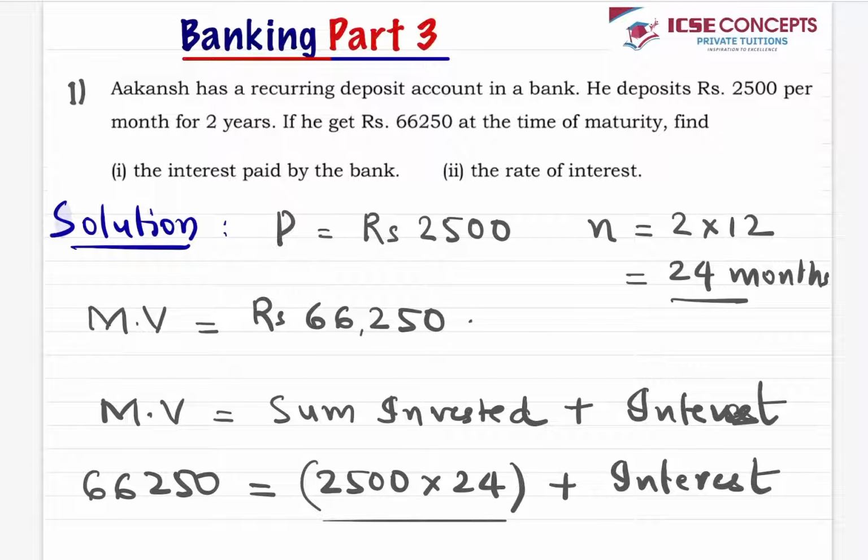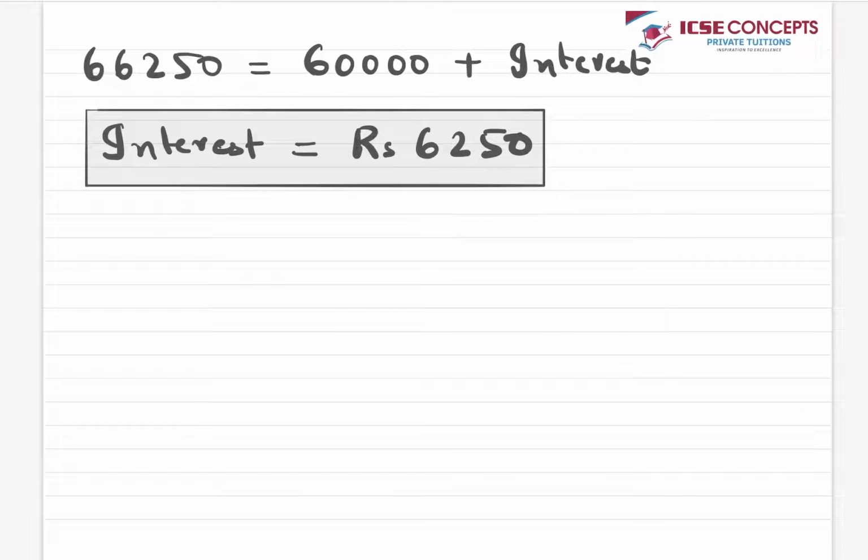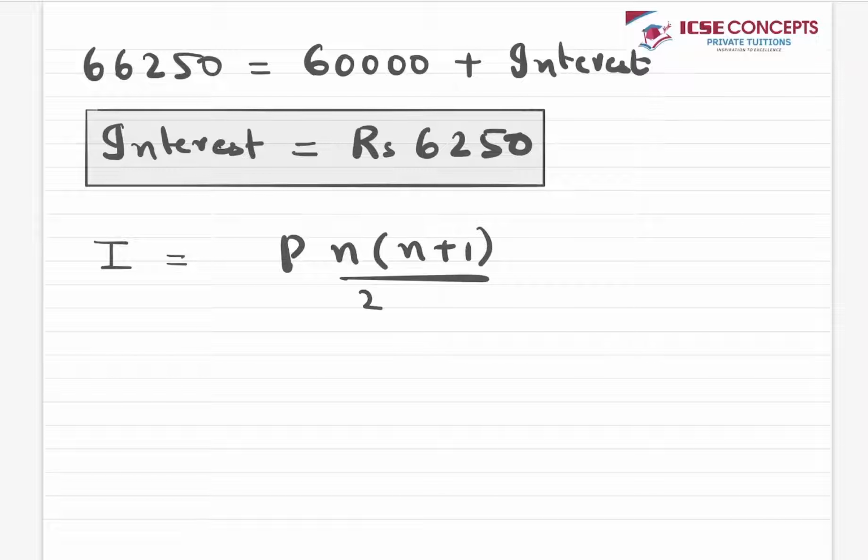You also have to find the rate of interest. Now use the interest formula. The formula to find the interest was, what was the formula? It was P into n(n+1)/(2 into 12) into R/100, right?